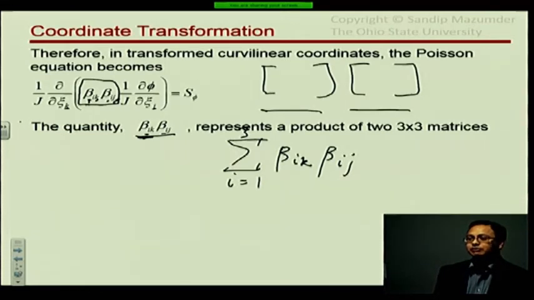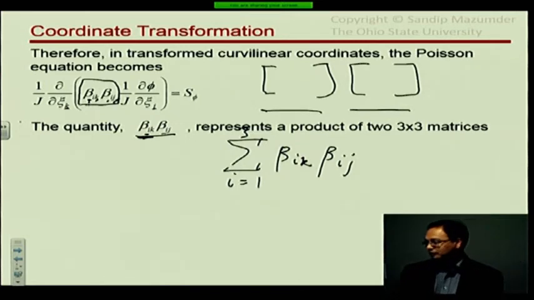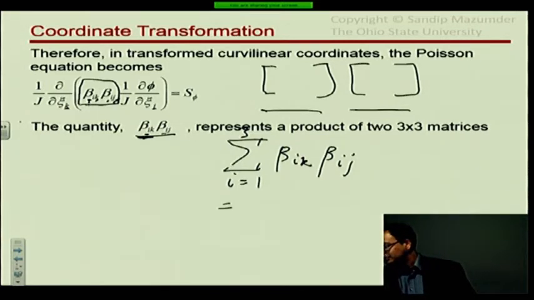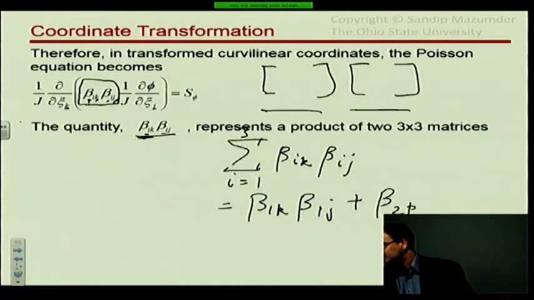You're summing over i, so the indices left over are j and k, because what this represents is beta 1k times beta 1j plus beta 2k times beta 2j and so on.